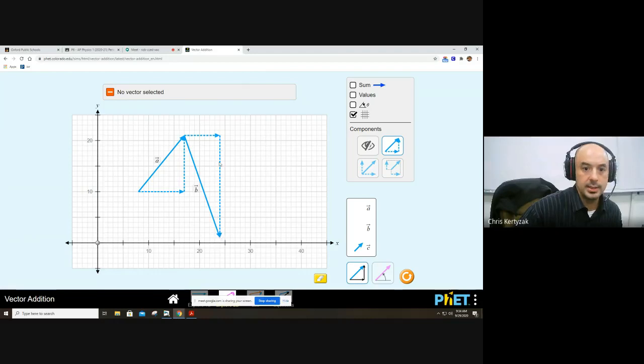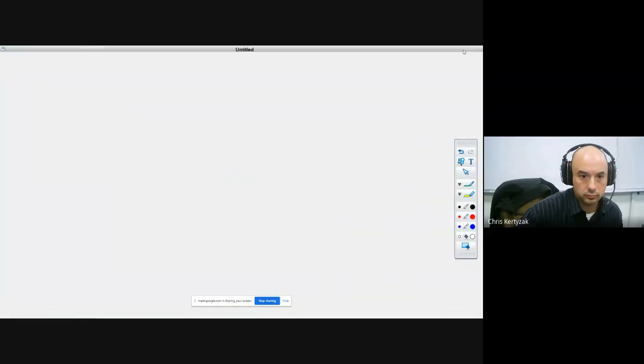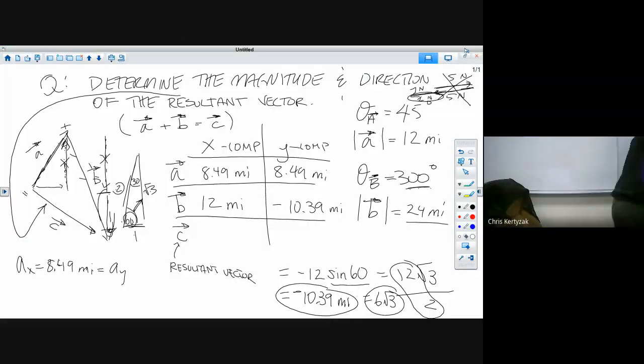I can see that the longest component in all of this should be BY, the longest walk along a particular axis, and the shortest should probably be BX. These would be equal if it was a 45-degree angle. So you can look back at the numbers and make sure that makes sense.